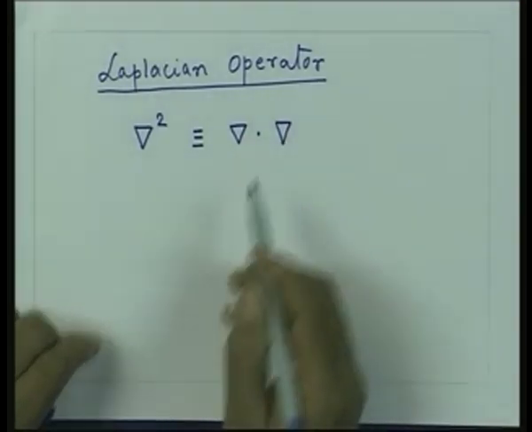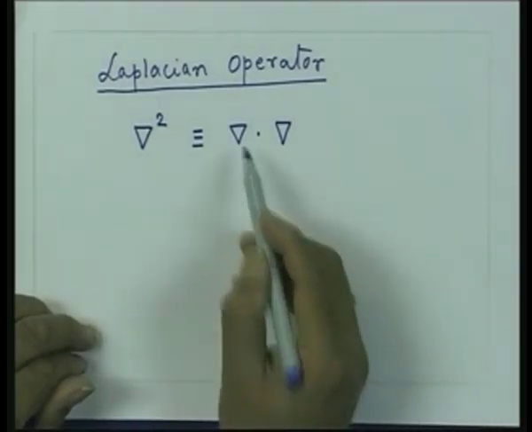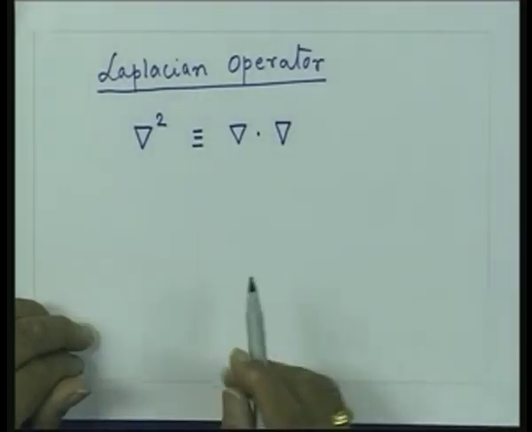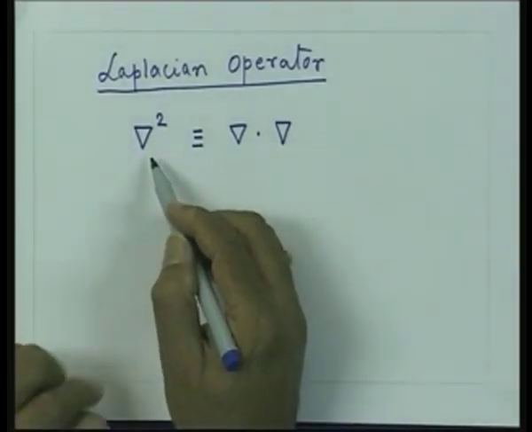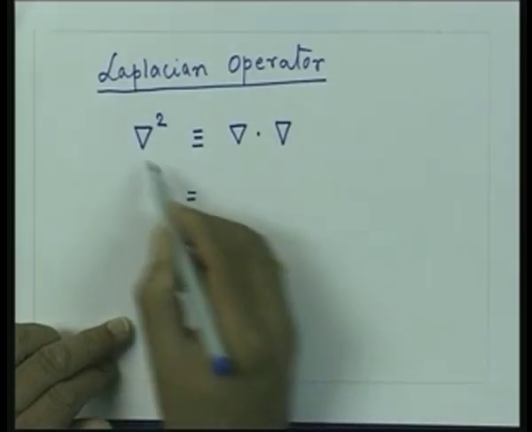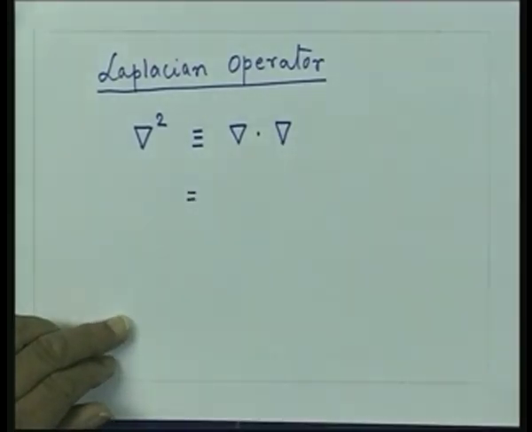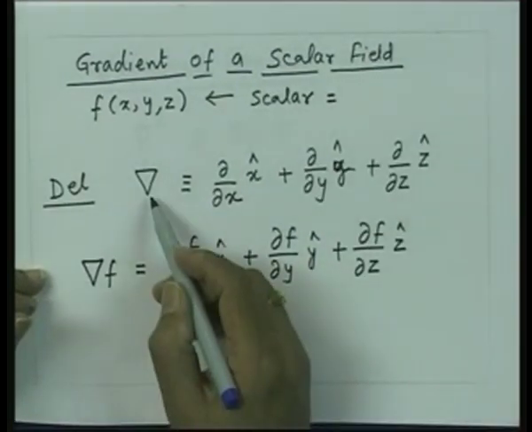If I treat the del like a vector, then the dot product of this del vector with itself is the operator del square.